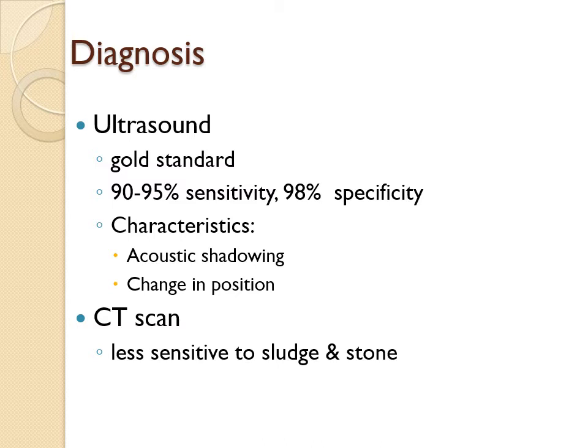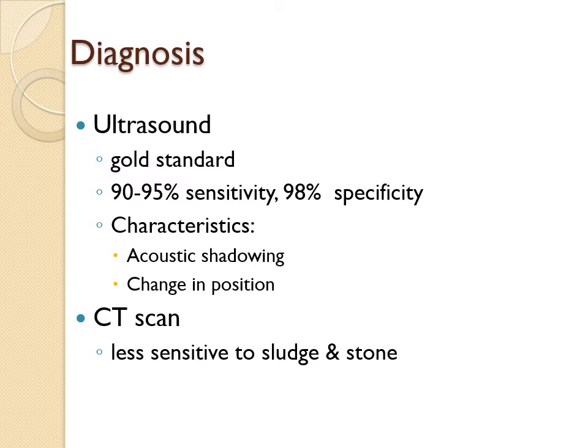For the diagnosis of gallstones, the gold standard is your ultrasound, which is relatively cheap and is readily available. It has a 90 to 95% sensitivity and 98% specificity. Ultrasound can detect gallstones as small as 1.5 millimeters. Now, the characteristic findings of gallstones on ultrasound are your classic acoustic shadowing and the change in position.